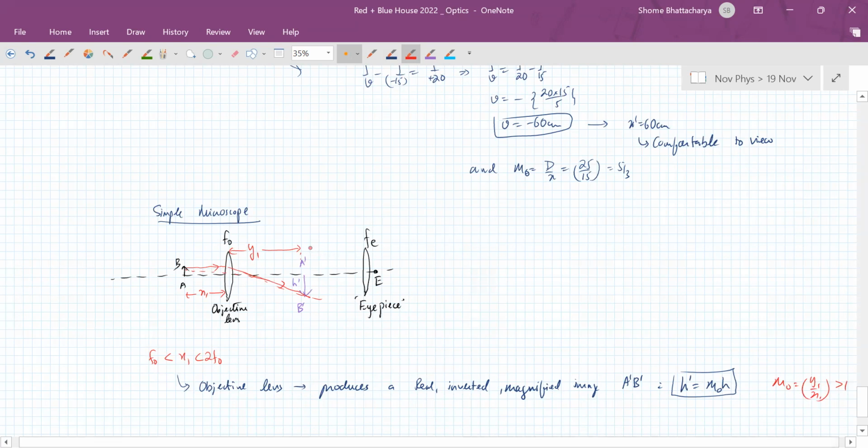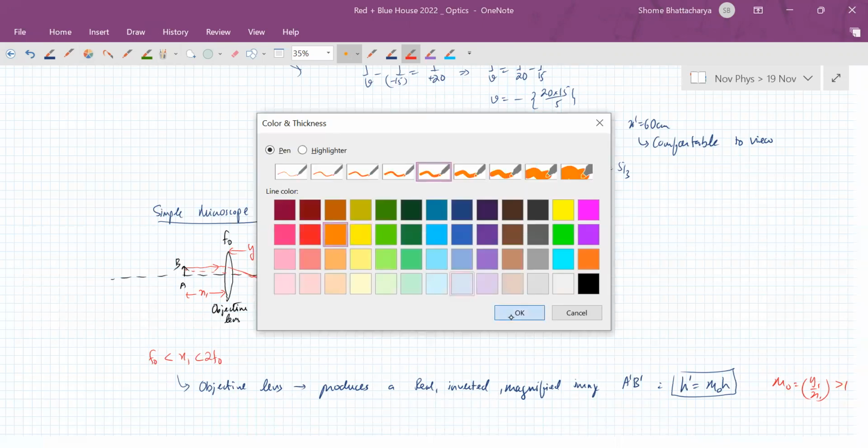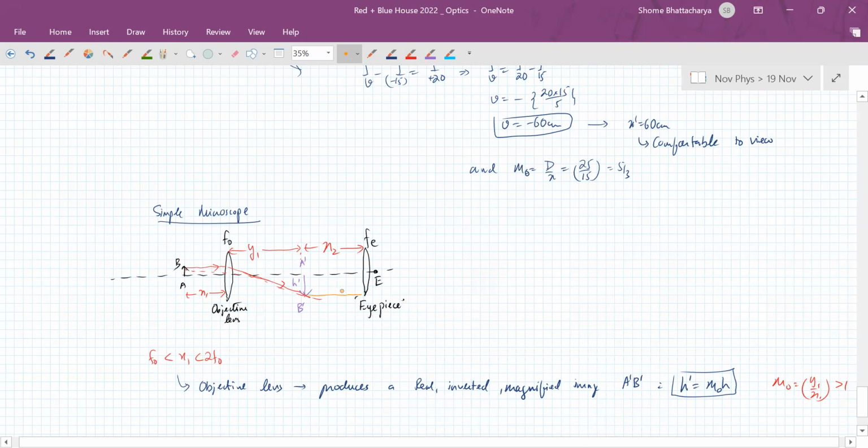Now this becomes the object for the eyepiece. So now the eyepiece is designed in such a way that the eyepiece is kept at a distance such that this will form a virtual image of A prime B prime, which will be the final image seen by the eye.